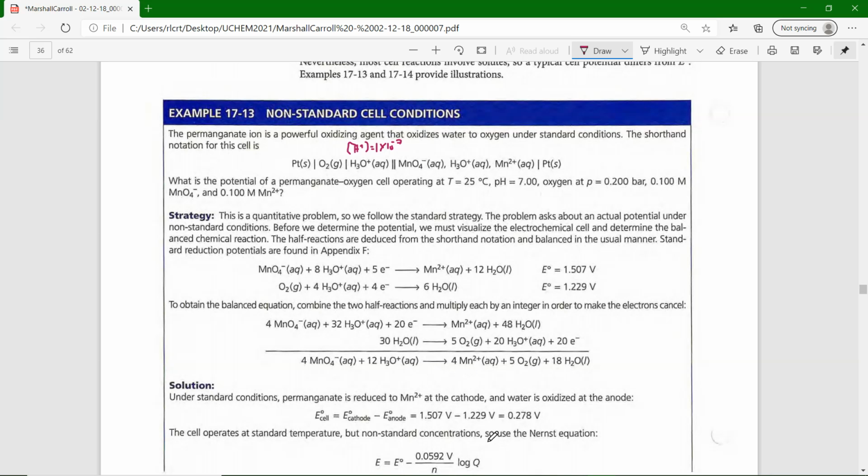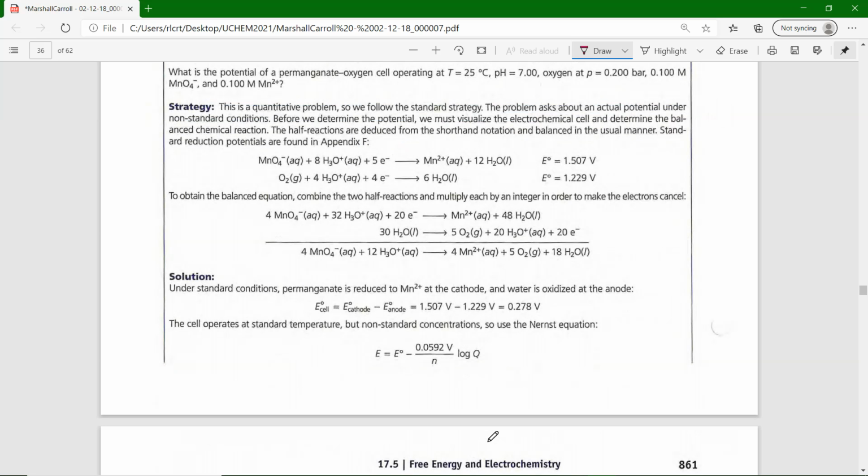And so the cell voltage in this non-standard is E naught minus 0.0592 over n. So n's a big one here, isn't it? In this equation, sometimes they can get large. 20 log of Q. So Q is my Mn2 plus concentration, which is 0.1 to the fourth, times the partial pressure of O2, 0.2 to the fifth, don't worry about liquid water, divided by my MnO4 minus, which is 0.1 to the fourth, times H3O plus, which is 10 to the minus 7 to the 12th.